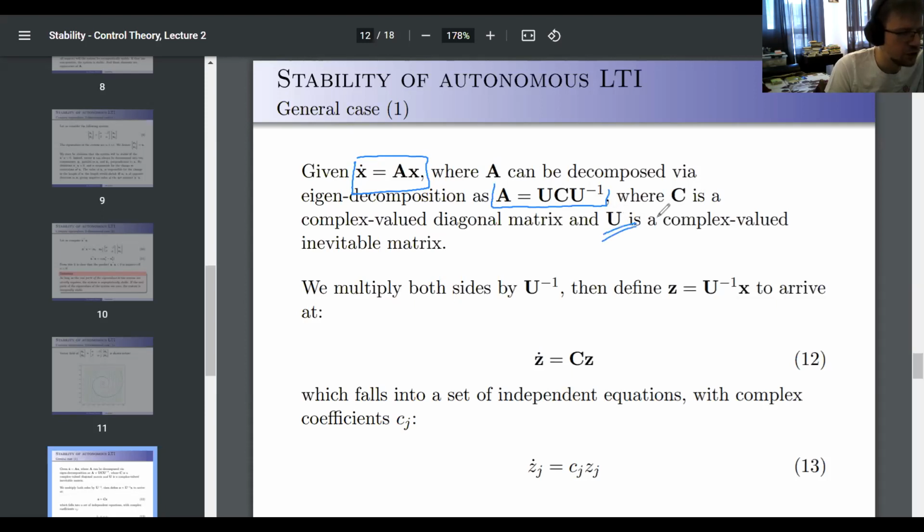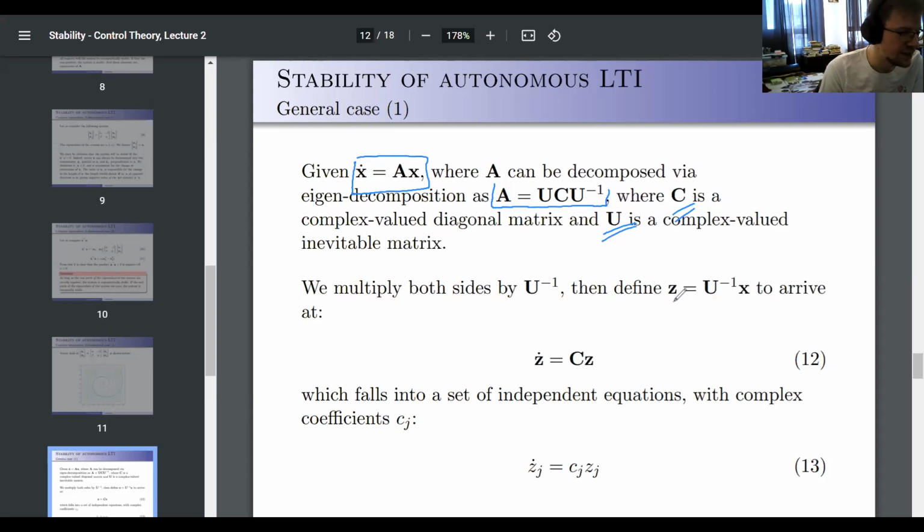This is a matrix of eigenvectors. This is a matrix of eigenvalues. And we'll assume that this decomposition exists. This still does not answer what we are going to do if there are not a sufficient number of eigenvectors. This only answers what we are going to do if there are complex eigenvectors and eigenvalues. But that is a popular scenario. So assume that you have this eigen decomposition, but with complex valued vectors and values.